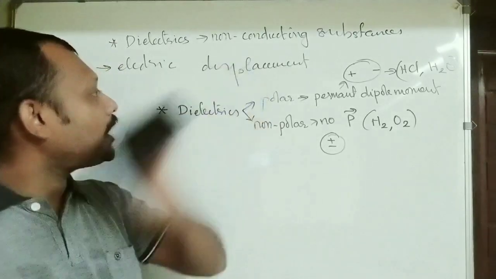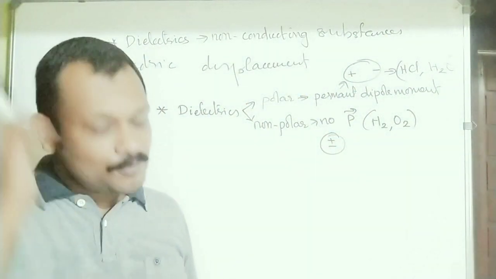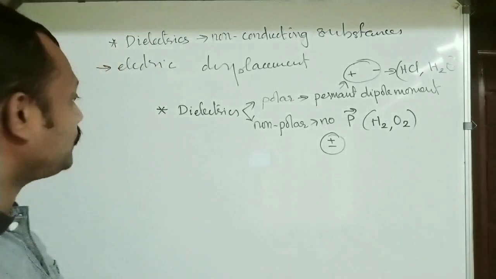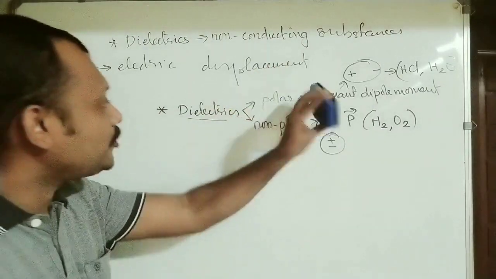When it comes to polar dielectrics, the molecules have a permanent dipole moment. This is the first idea you have to understand regarding the types of dielectrics, polar and non-polar.